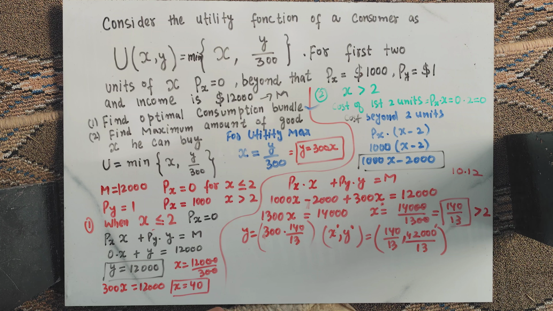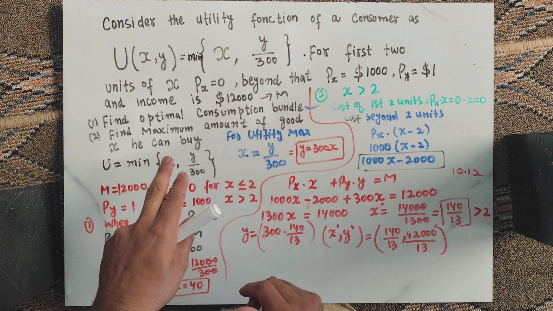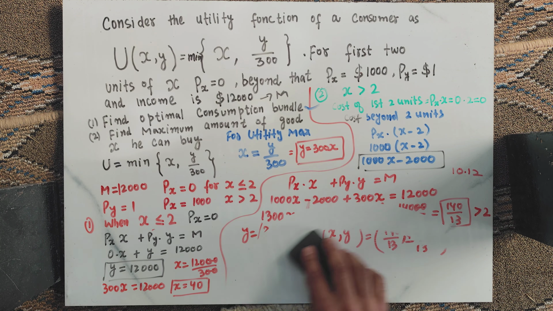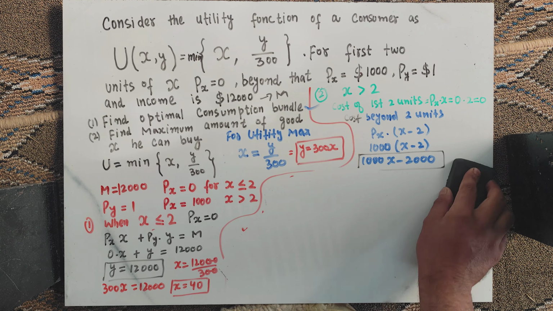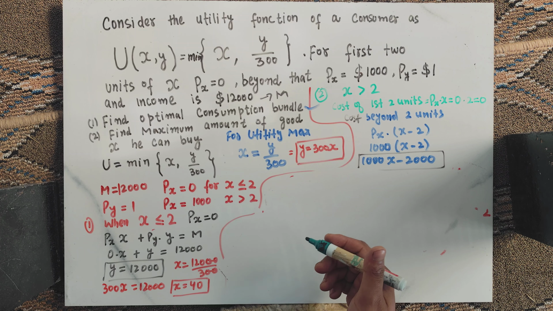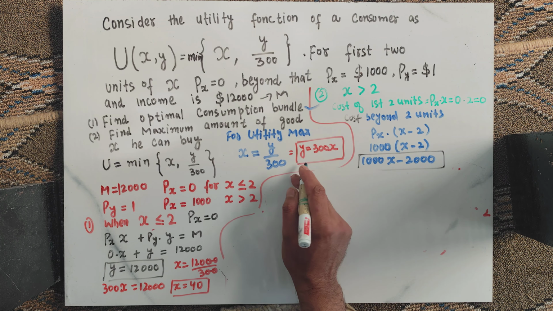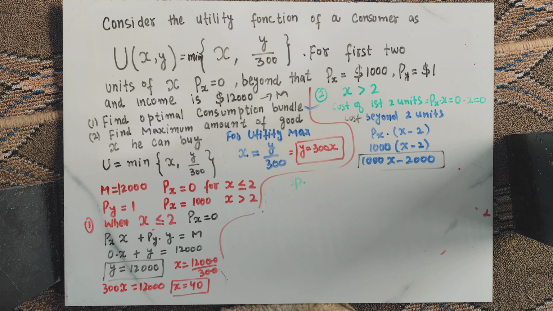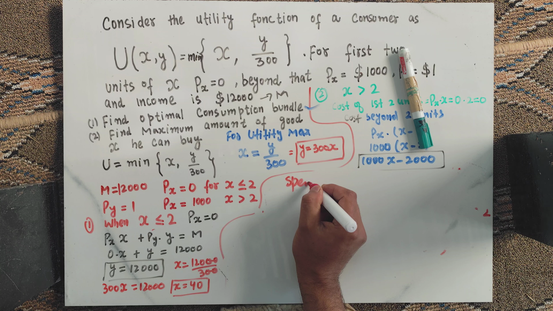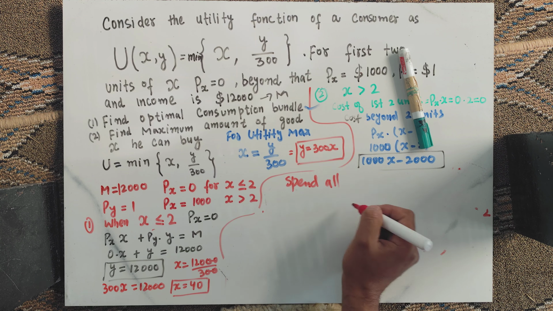If the consumer utilizes all his income on the purchase of good X, how many units of good X will he purchase? So I have to maximize units of good X. We will spend all income on good X.